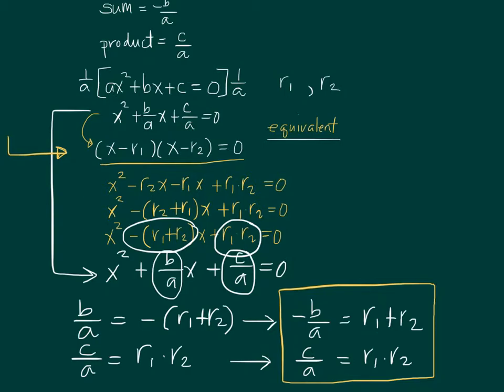Knowing that it is equivalent to x squared plus b over a x plus c over a is equal to 0, we were able to make proper correspondence of the coefficients of the two equations.